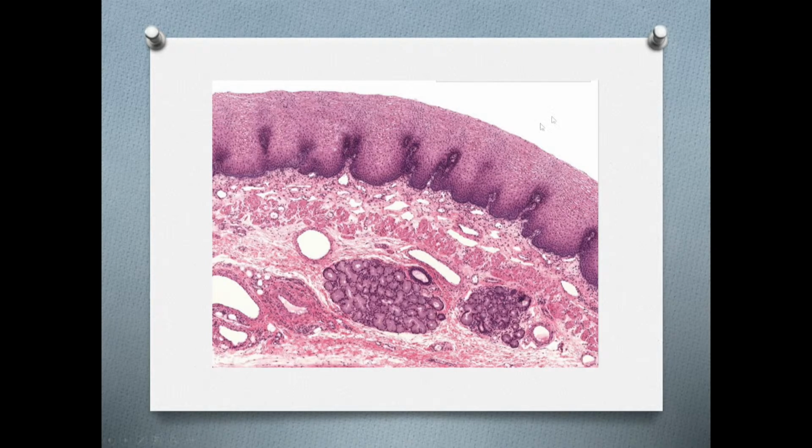It's again the esophagus. Stratified squamous epithelium, then lamina propria, muscularis mucosa, these three sublayers for mucosa. Then is submucosa. Something specific for the esophagus in submucosa: glands, the mucous glands.